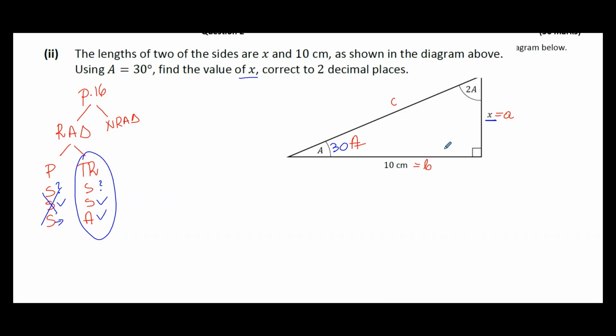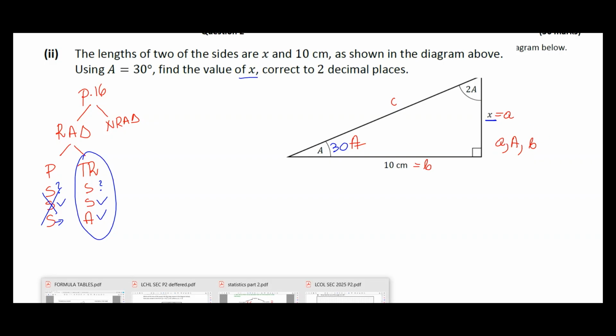Now, we want to find x, which is a. So our formula needs to include that small a. The other letters that we have are capital A and small b. There is no point picking a formula that has c because we don't have c. So let's see which of those three we can use.